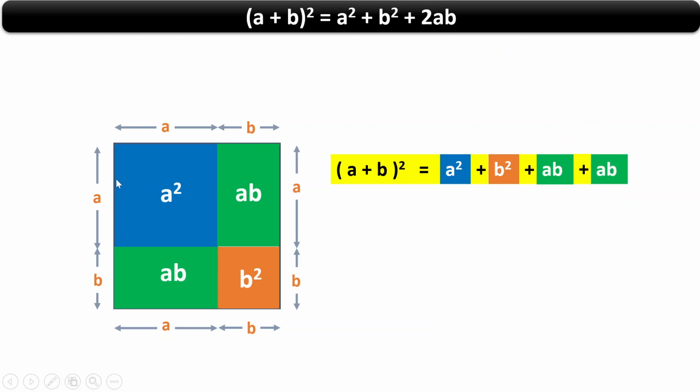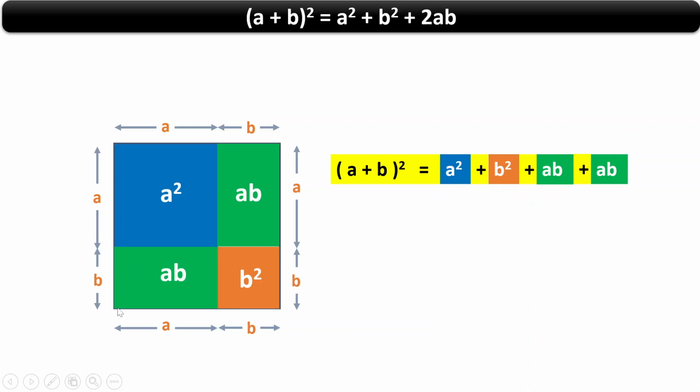So we have covered the entire square. I repeat, to find the entire area of (a plus b) whole square, we are splitting this area into four parts. We know the length is a, so we draw a square and the area is a square. We know the length of b, so we draw a square of b, and the area is b into b, b square.